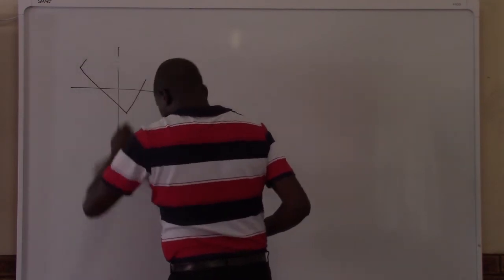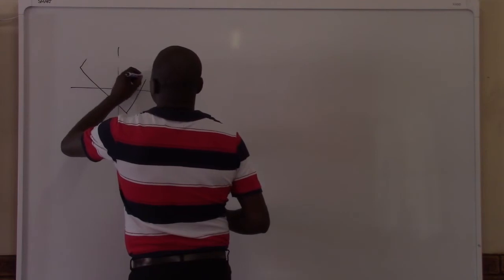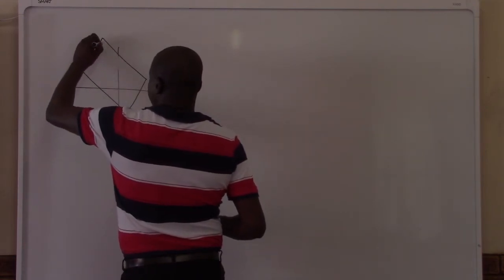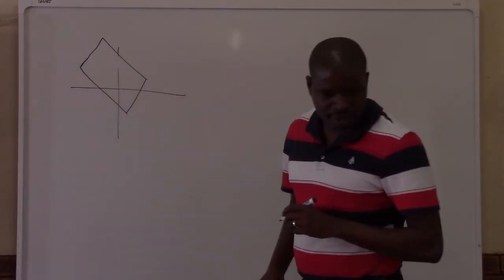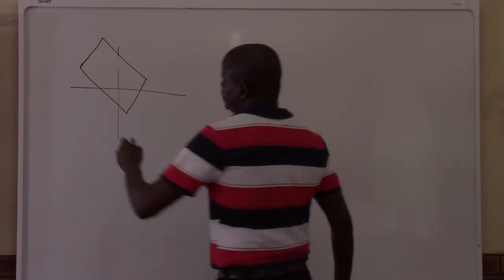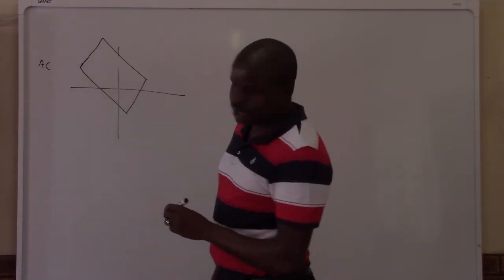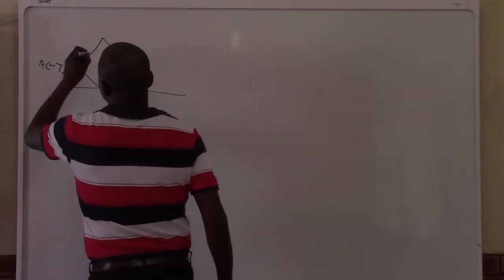It's freehand. What matters most is what you have in the paper that is displayed there, and that is the rectangle that we have. In this rectangle, we have A, which is -7 and 2.